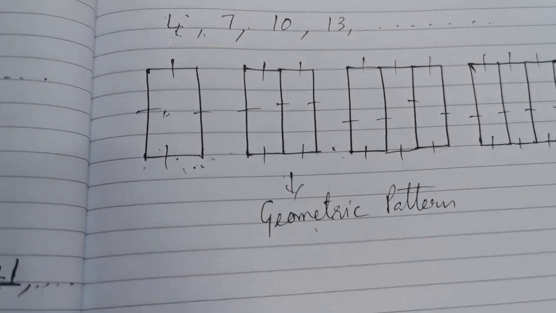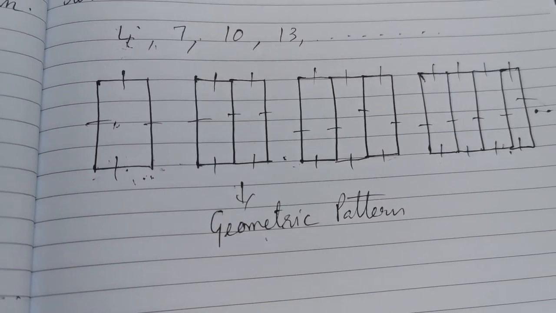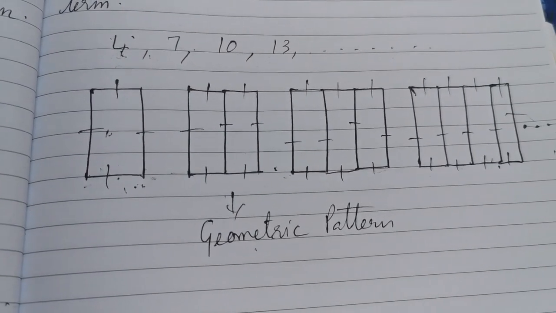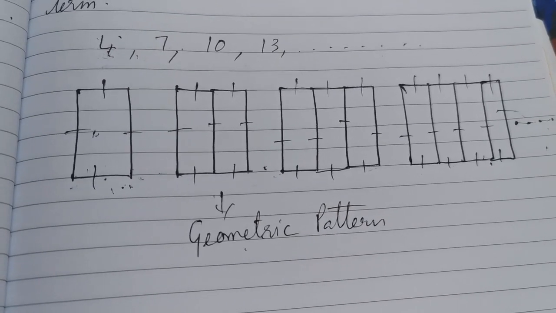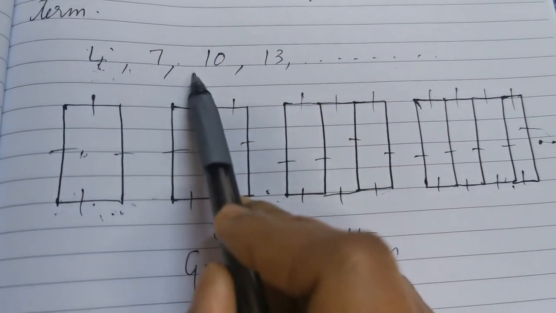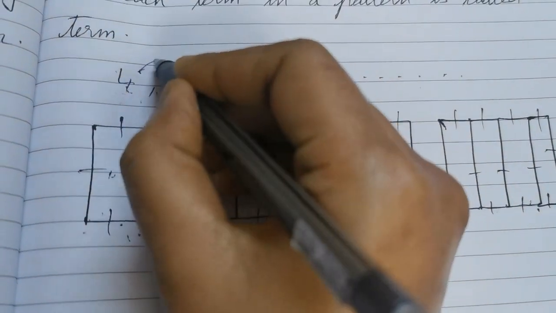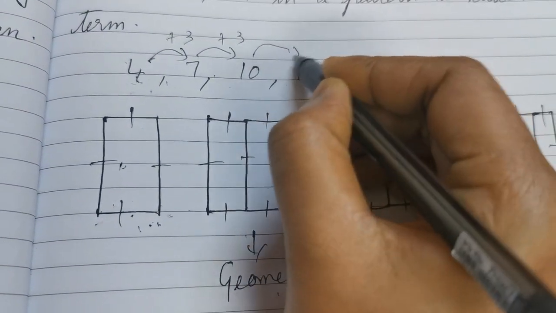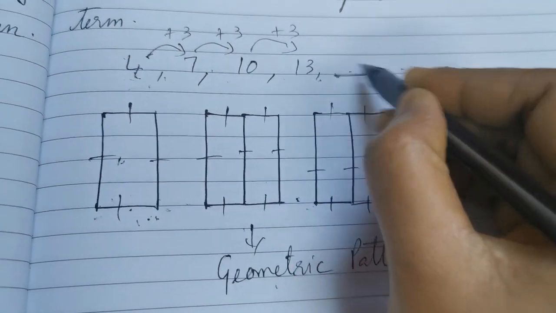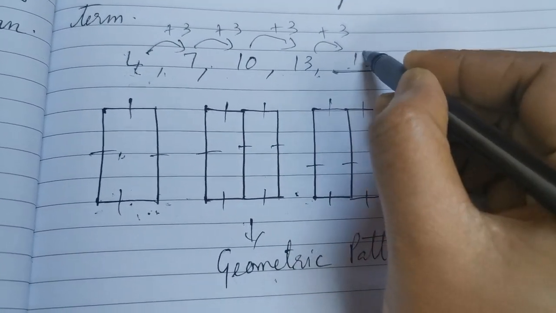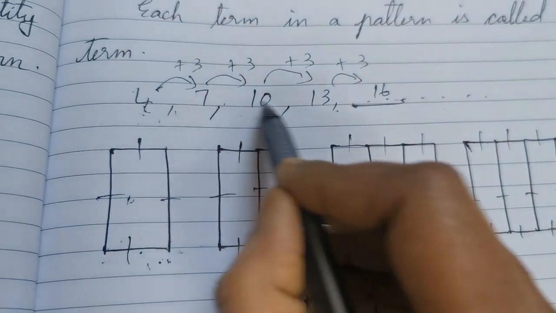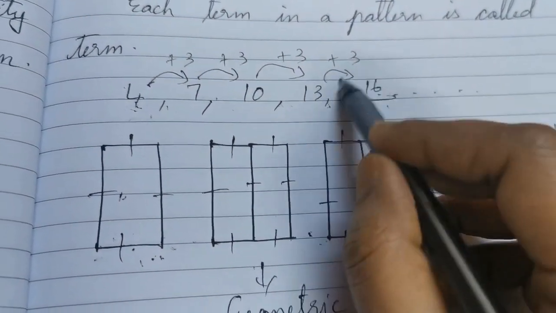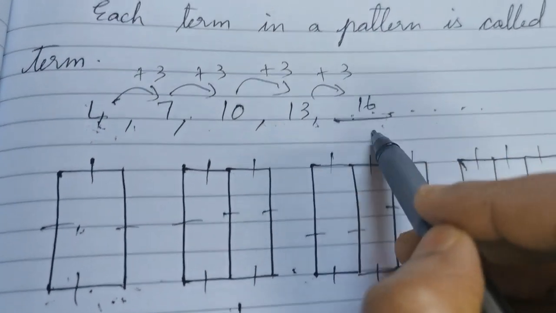So in the next video we will learn how to find a particular number in a pattern. For example, if I take 4, 7, 10, 13, I know it is getting increased by 3. So here I will add 3 and I will write 16. So first, second, third, fourth, fifth. 16 is the fifth term of this pattern.